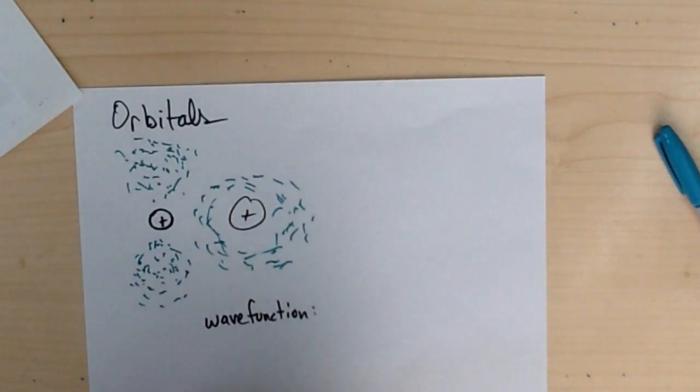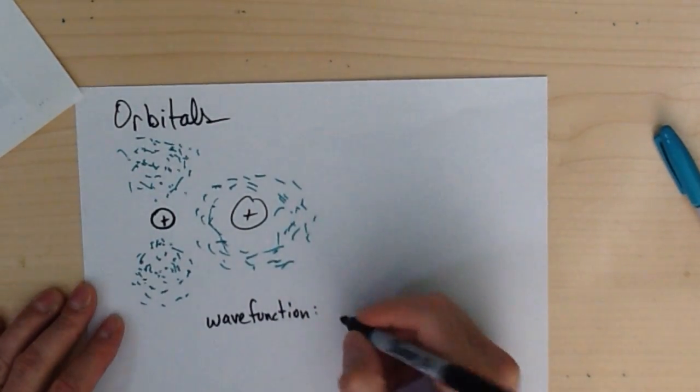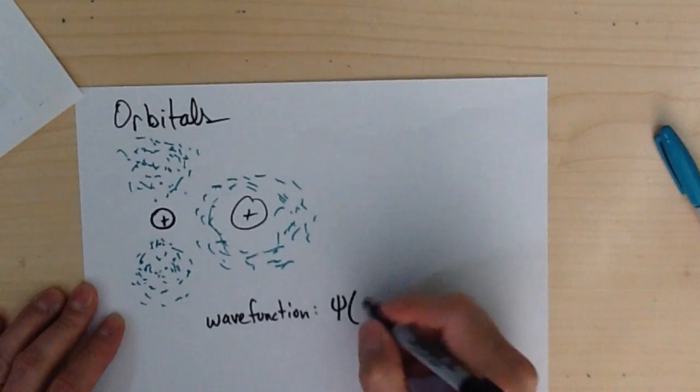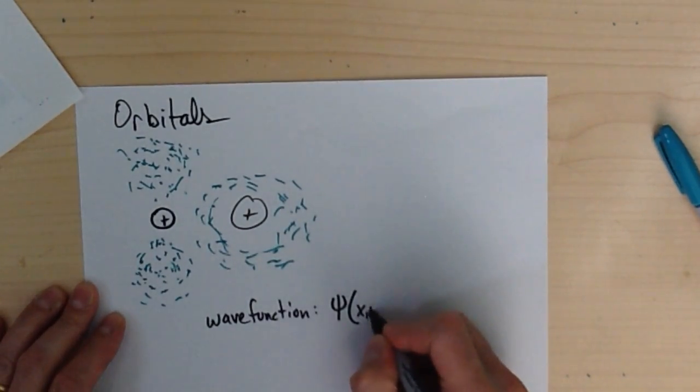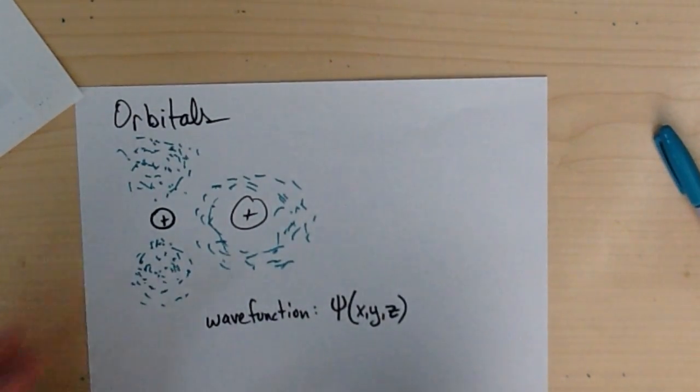So a wave function is our mathematical description, which is just a function psi, and generally it's a function of x, y, and z space.